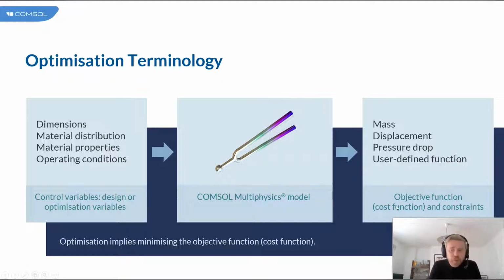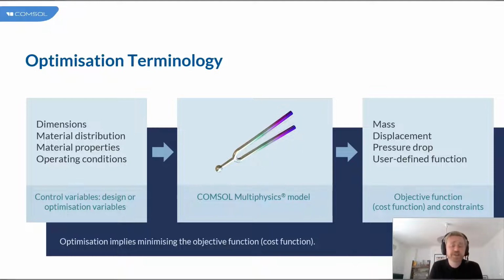So we have our objective, and then we will also have some constraints. We need to limit the size of the design envelope for the optimization solver. Now, constraints can be limits that we impose on the control variables, or constraints can actually be constraints that we impose on the physics problem. So we might say that the displacement must be lower than a certain value for the design to be permitted.